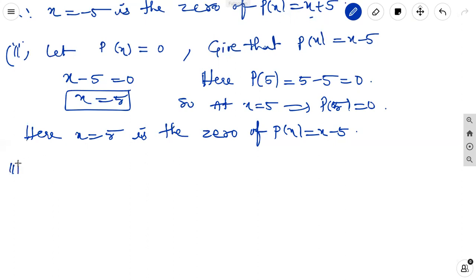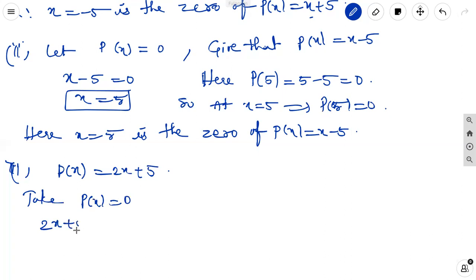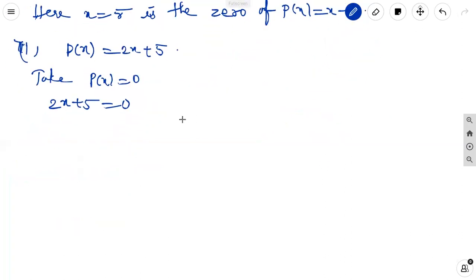Third one, p of x equal to 2x plus 5. Take p of x equal to 0. From this, 2x plus 5 equal to 0. 2x equal to minus 5. x equal to minus 5 by 2.